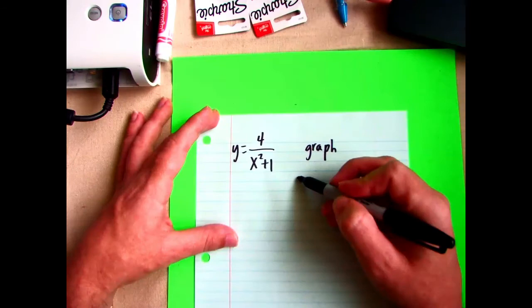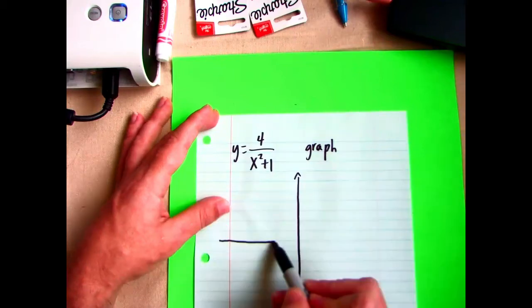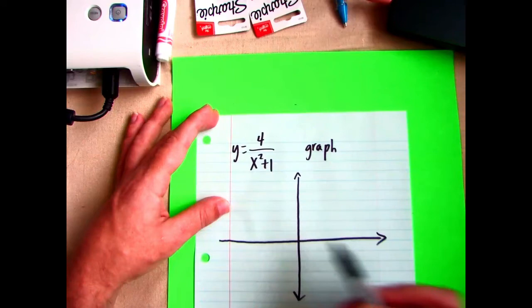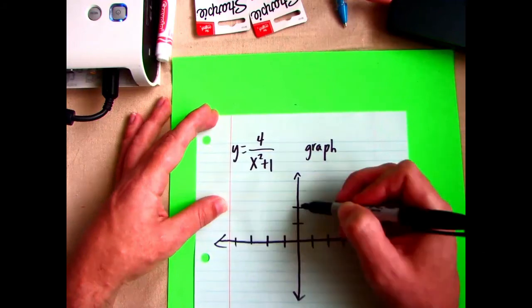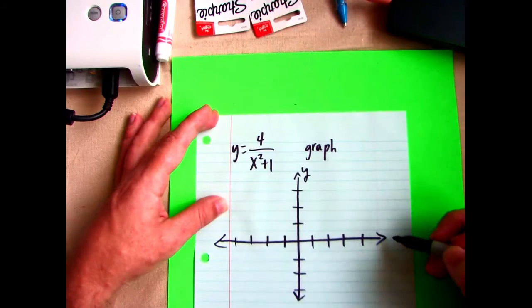I'm going to draw my XY axes. So from step 1, we agreed that there was no x-intercepts. The graph is not going to touch the x-axis because there's no x-intercepts. From step 2, we found out there was no vertical asymptotes either.